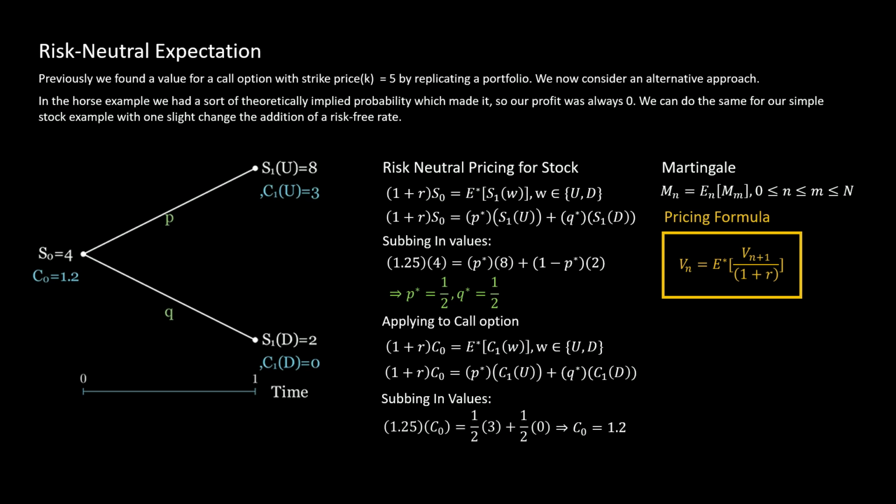So we just considered the value at time 0 and 1, but this is more general than that. What it says is the value at time n is equal to the risk-neutral expectation, and we've just brought over the risk-free rate 1 plus r, so it's equal to the value of the option at time n plus 1 discounted.